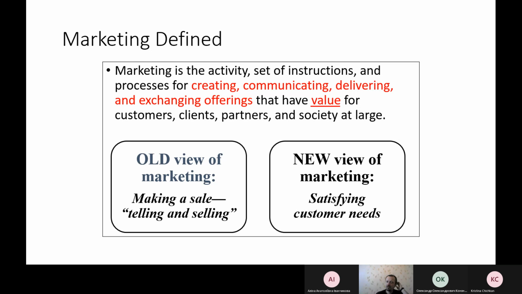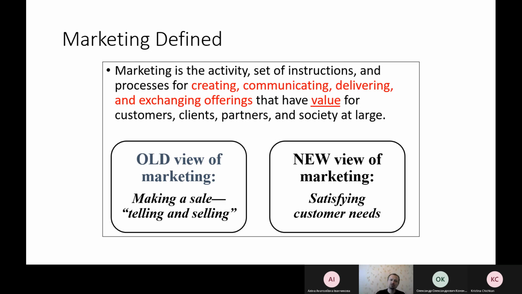And the old view on marketing was something like this: first of all, we have to produce some product, and then we have to think how to sell this product. Before producing, we have to think about our production cycle and features of the product, and so on.